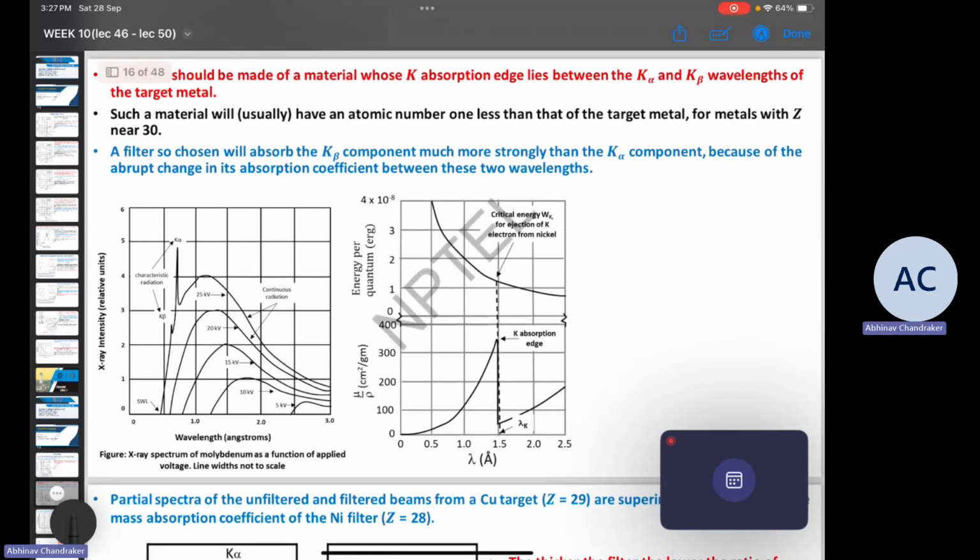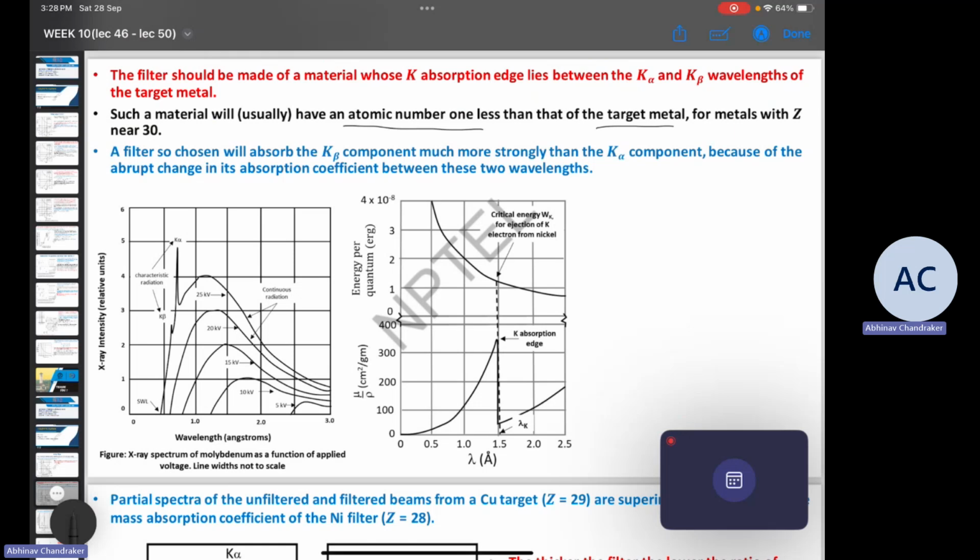This is typically done by taking a material having an atomic number one less than that of the target metal from which the X-ray was generated, because as you go to lower atomic numbers, the energy required to remove K electrons also reduces, since the binding energy is reducing.